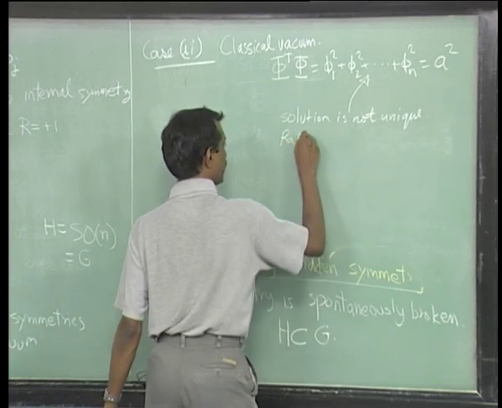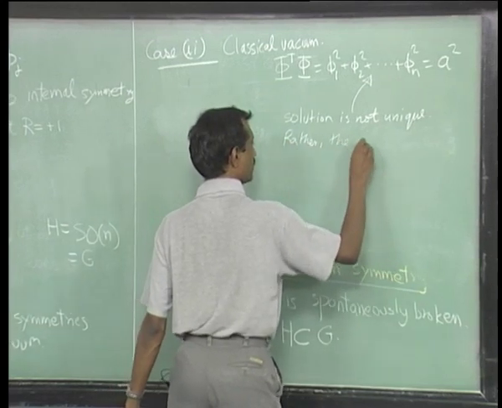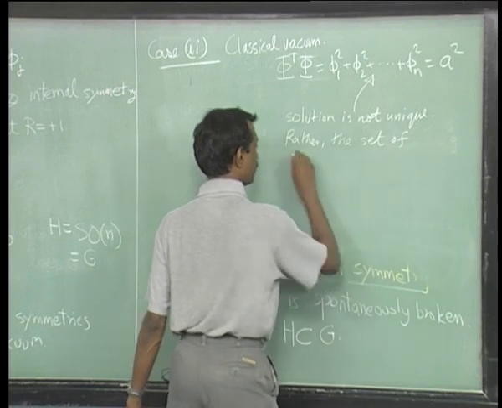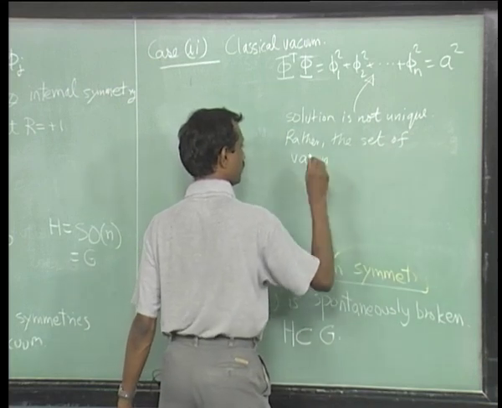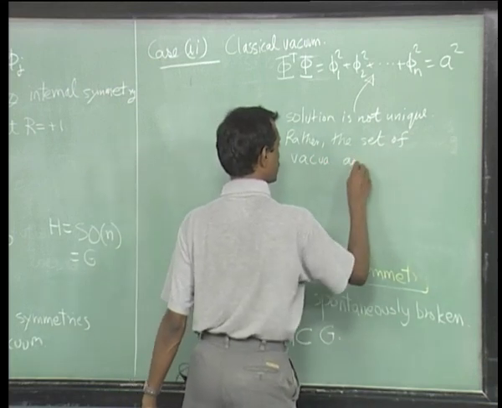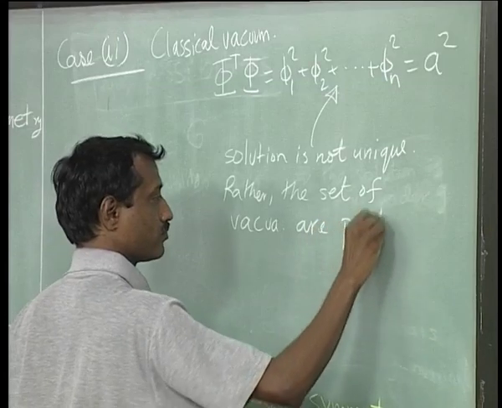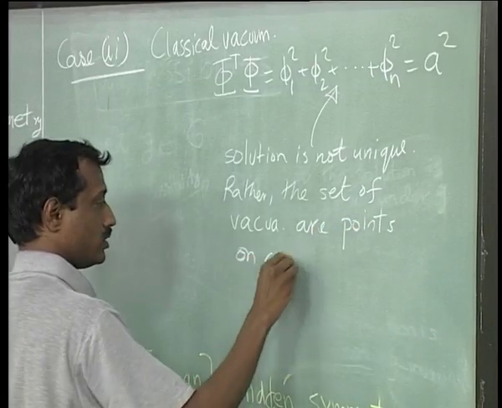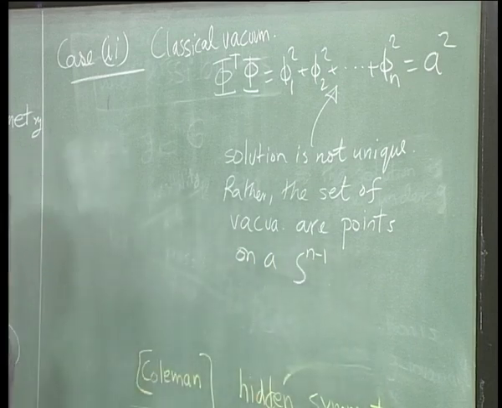Rather, the set of vacua are points on an n minus 1 dimensional sphere.